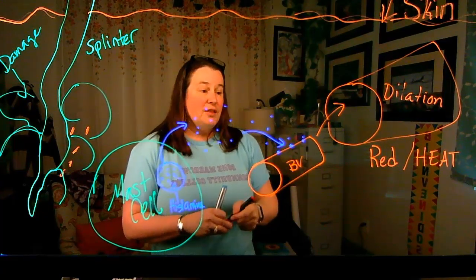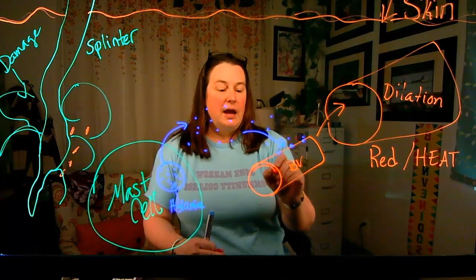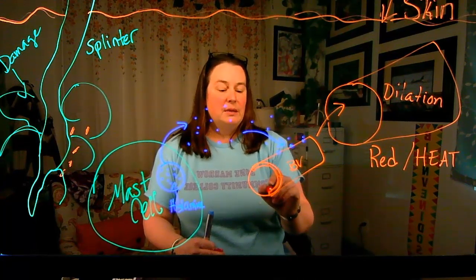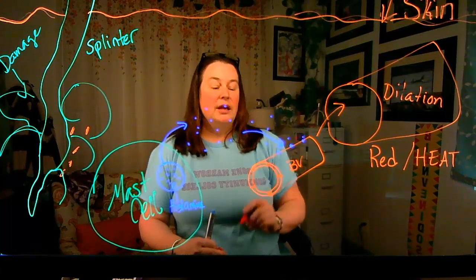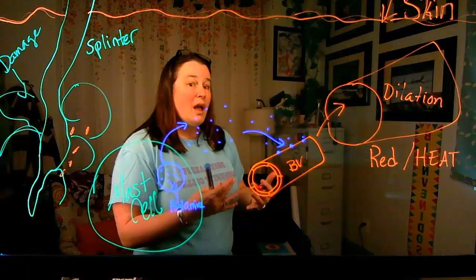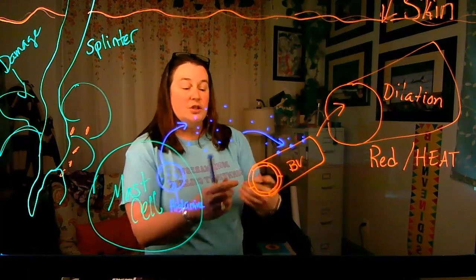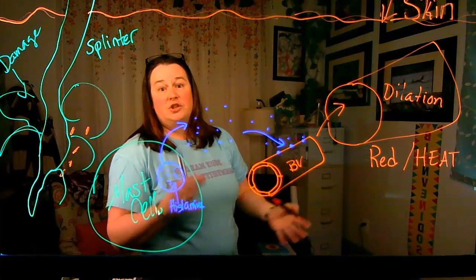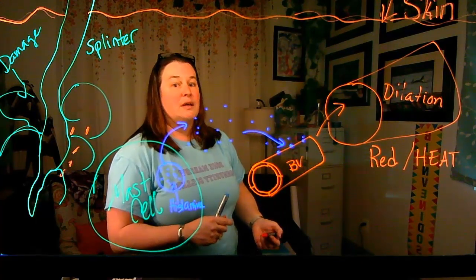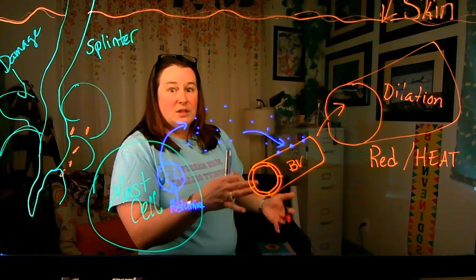The other thing, though, is if we look at this blood vessel and consider the inside, it's lined with simple squamous epithelium. It's lined with a single layer of flat cells. These single layers of flat cells allow things like water, nutrients, wastes, and oxygen to diffuse back and forth to these tissues to support the cells in this tissue space. But those gaps aren't big enough for a white blood cell to leave.